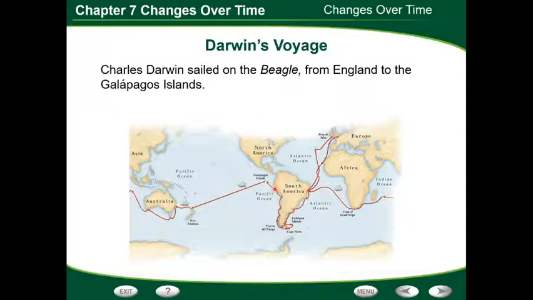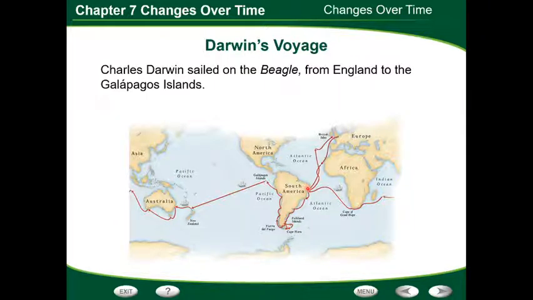Once he left South America, though, this section right here is the key part of what we're reading about: the observations he had between the mainland of South America and the Galapagos Islands, which was pretty far from South America. One thing he noted was that there was a lot of diversity among the living things he was seeing in all of these areas he was traveling to.